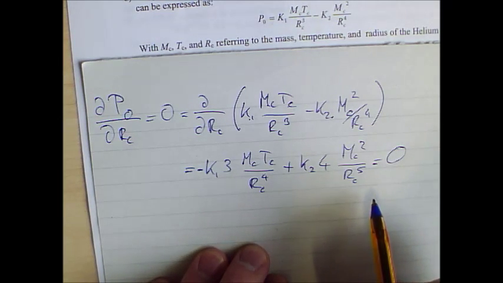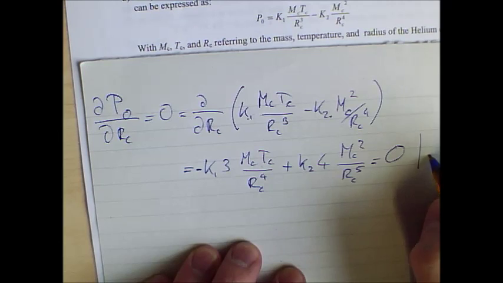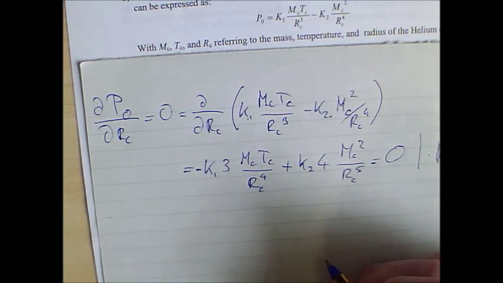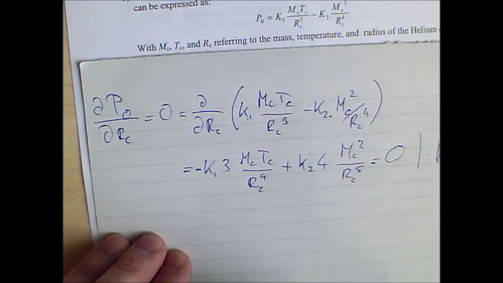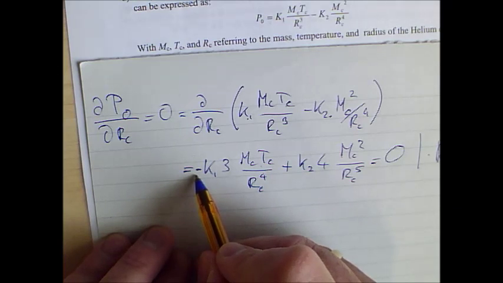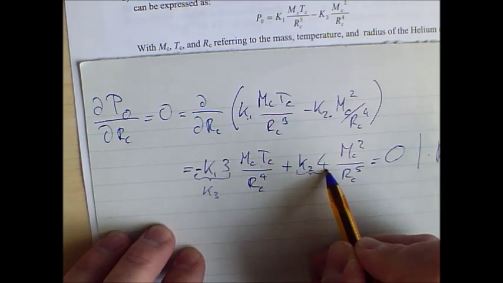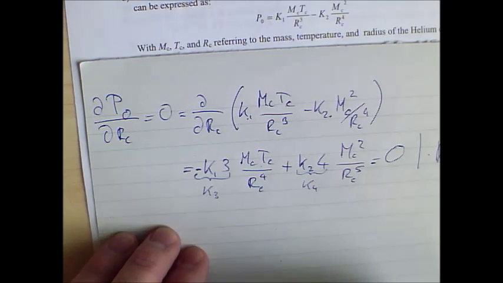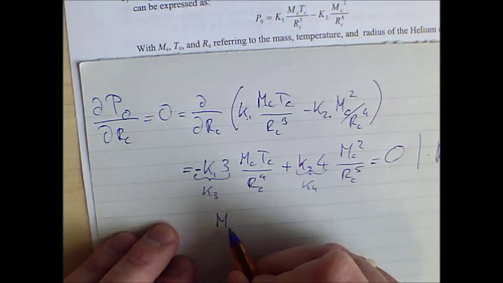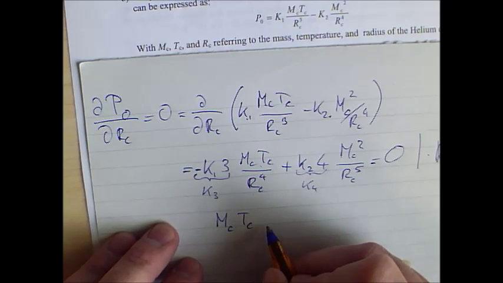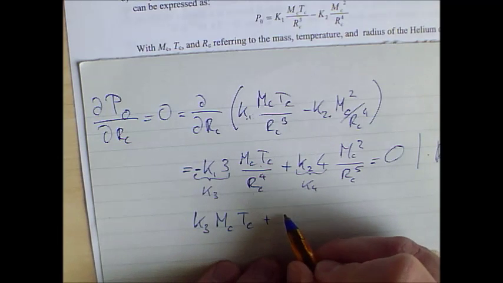We can see we've got terms of r to the power 4 in both, so I can happily multiply all of that by r to the power 4, and I'll remain with something. I'm also going to simplify my constants. I'm going to call this first part K3 and this part K4, some new constants that we pop in there.